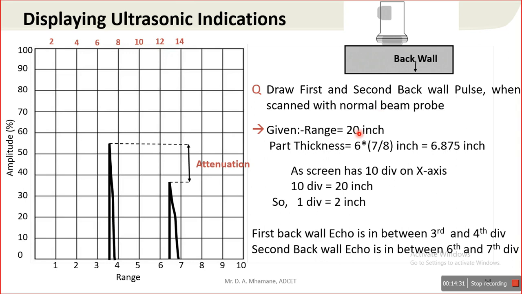So they have given range of screen is 20 inch. It means that 10 division is equal to 20 inch. So value of a single division is 2 inch. So as thickness of part is 6.875, first back wall comes in between third and fourth division, because value of third and fourth division is 6 inch and 8 inch.